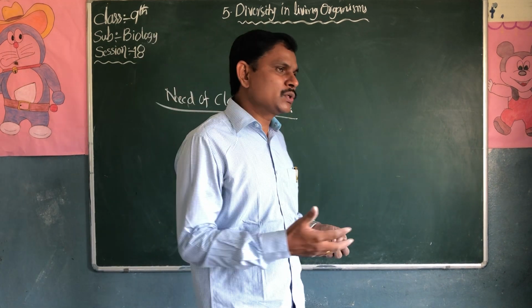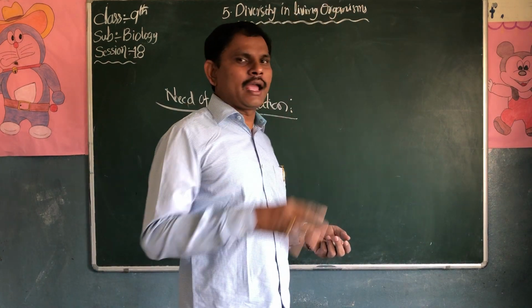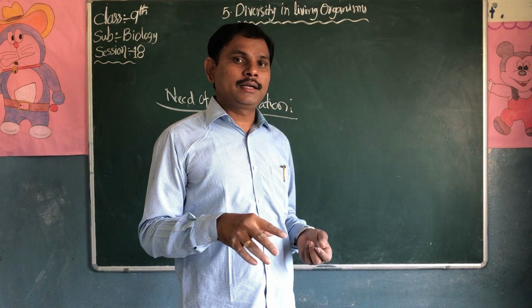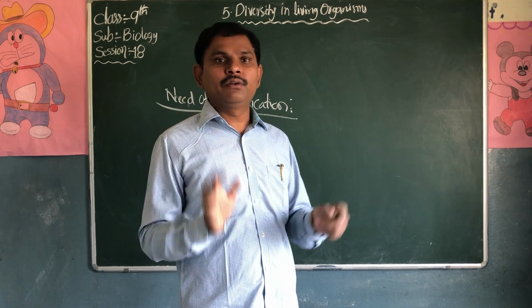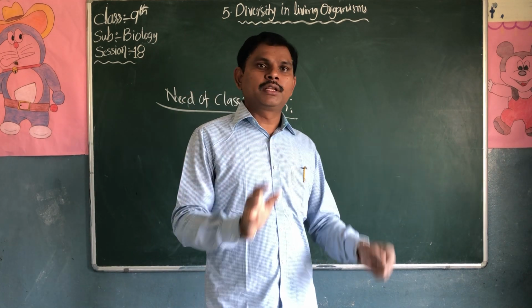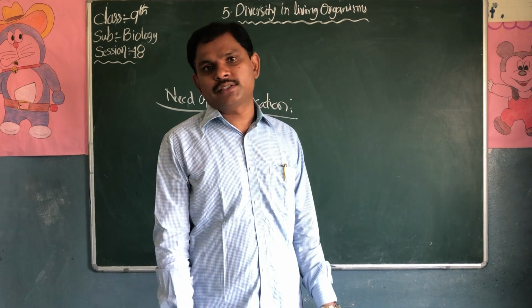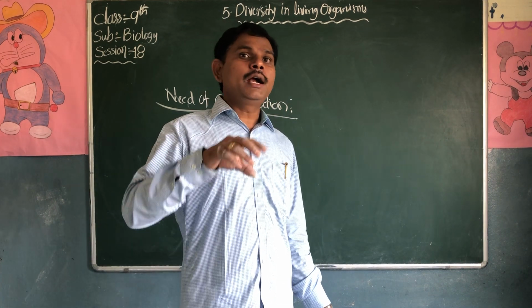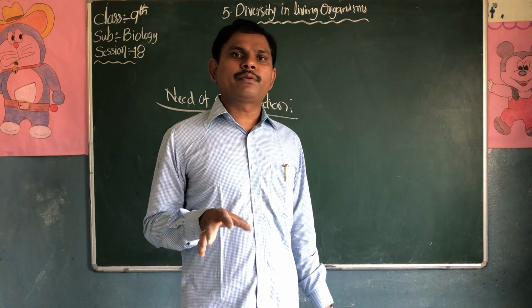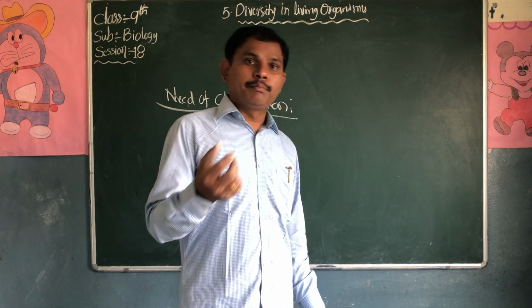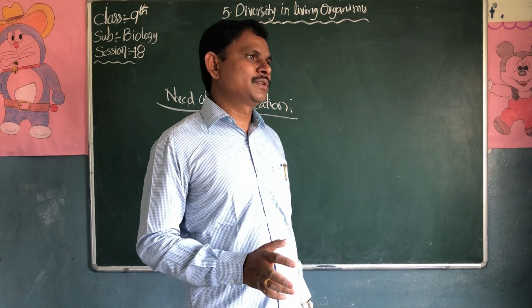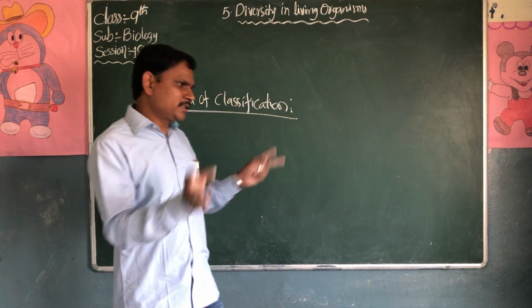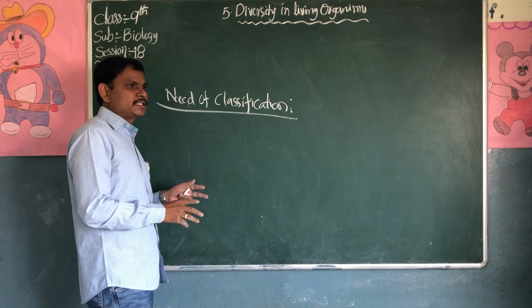This bat also flies in the sky, but the bat is viviparous. It gives birth to offspring. The bird's wings are made up of feathers, but the bat's wings are made up of skin. So there are differences and similarities.